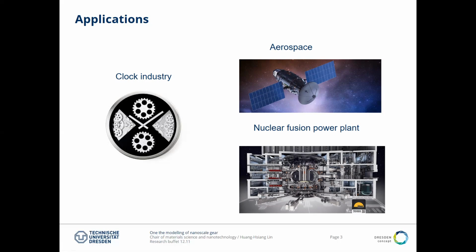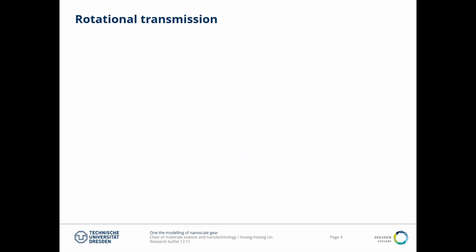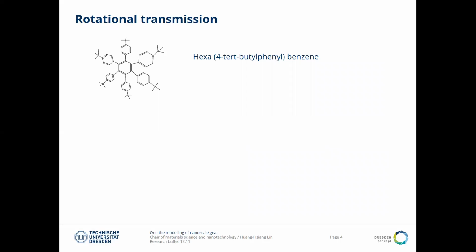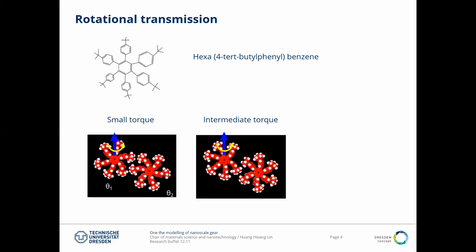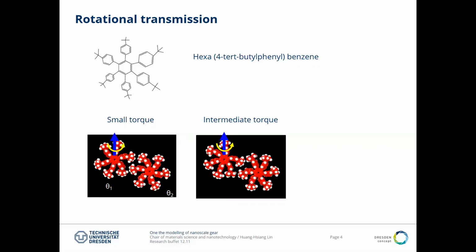Now, I would like to talk about a few topics we are working on right now. First is rotational transmissions. People have found that if you consider this kind of special gear, which is called hexa-4-butylphenol, depending on the external torque and the distance, for instance, if we apply a small torque on the first gear, as you can see here, actually nothing really happens. But if we add a slightly larger, intermediate torque, then you can see we really have collective rotations.